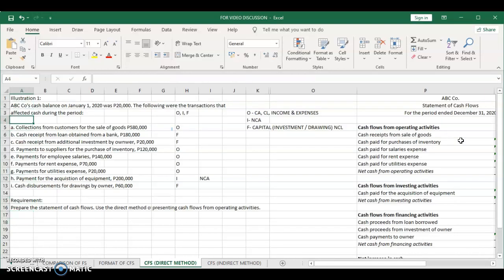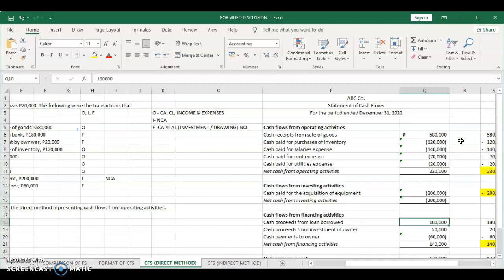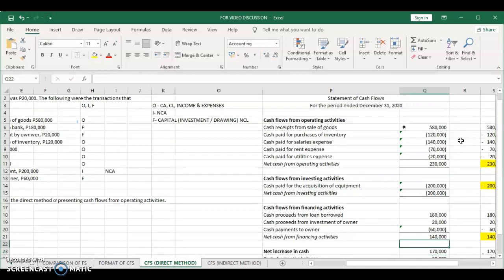We have the financing of 180,000, 20,000, and 60,000. These two, class, are inflows, 180 and 20,000, since that is proceeds from the loan borrowed by ABC, and cash proceeds from the investment. We'll just add these 2 and deduct 60,000, which is the drawing. So, net cash from financing activities is 140,000.